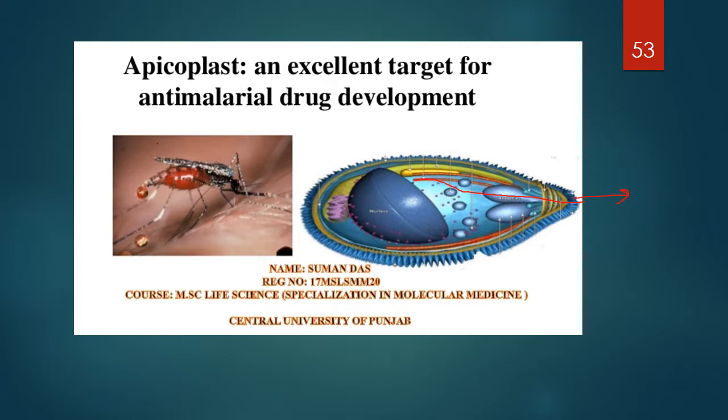And so that is how they infect their host. So the apicoplast has become a target for anti-malarial drugs. If you can kill that, then it doesn't matter how many times you get bitten by the mosquito, you are unable to be infected. So that's where a lot of your anti-malarial drugs come from.